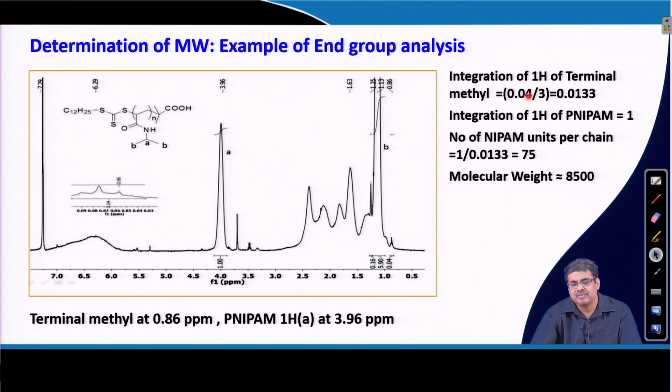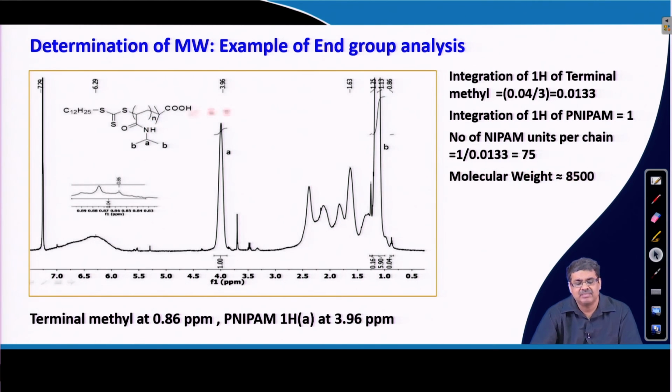So, if we divide 0.04 by 3, this is the value for one single proton. This is the intensity value of one proton. Hence, when we have one intensity, it corresponds to 75 protons. Now, each repeating unit has one proton, which means n value is 75.